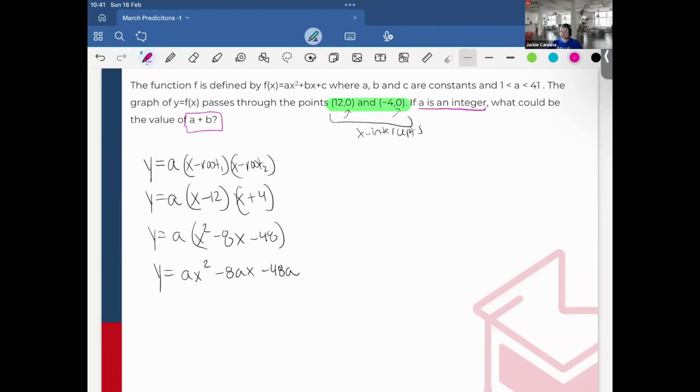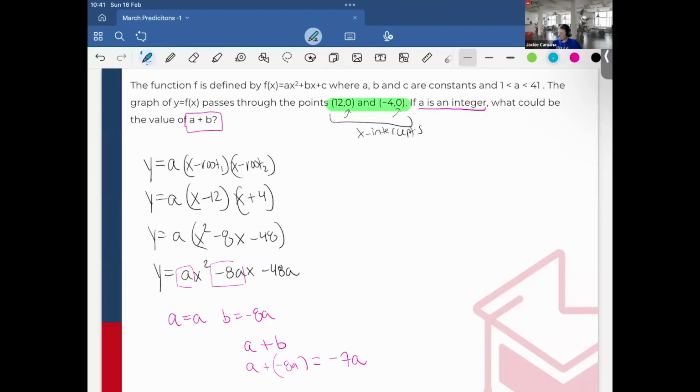Well, there's a lot of options, but let's see. So I know a is equal to a, and b is equal to -8a. So if I do a plus b, that'd be a plus -8a, which gives me -7a.